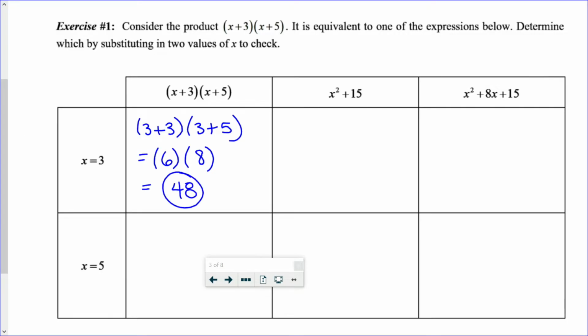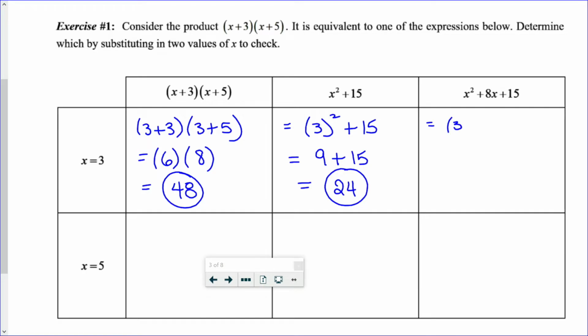Mental hiccup there. All right, let's put x equals 3 into x squared plus 15. Well, that's going to be 3 squared plus 15. That's going to be 9 plus 15, right? 3 times 3, and that's going to be 24. And finally, let's put 3 into this more complicated trinomial.